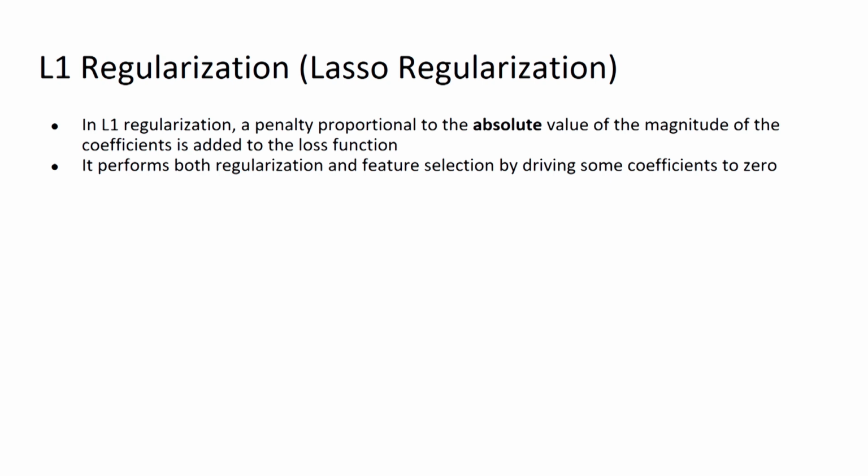So, in case of L1 regularization, what we do? We add a penalty term, but here the penalty term is different, and that penalty term is proportional to the absolute value of the magnitude of these coefficients, not the square of the magnitude of these coefficients.